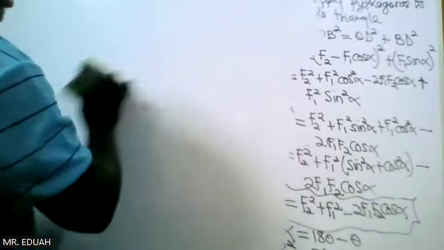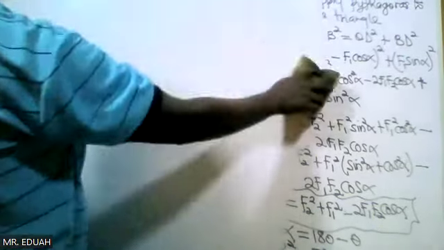Two vectors of magnitude 30 Newton and 40 Newton have an angle of 150 degrees between them.